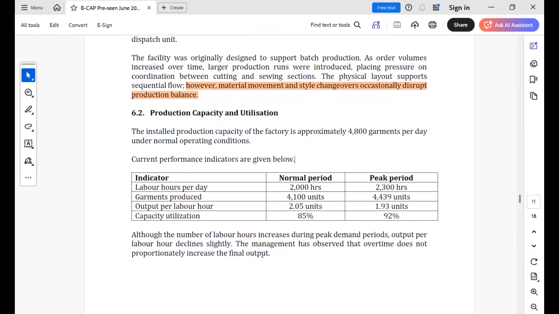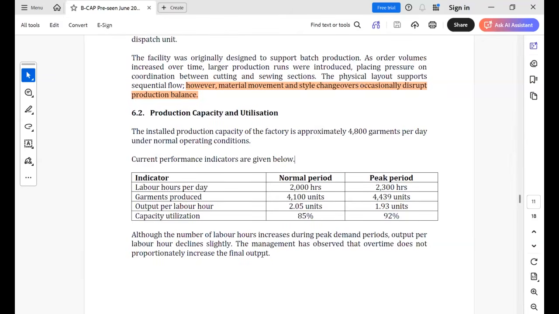So you have to decide, in the normal period, what is your normal daily production? In the peak period, what should be the minimum daily production, right? So that's called a KPI. That KPI has to be pre-decided and has to be followed by the GM-level person. He is responsible for each and every production.